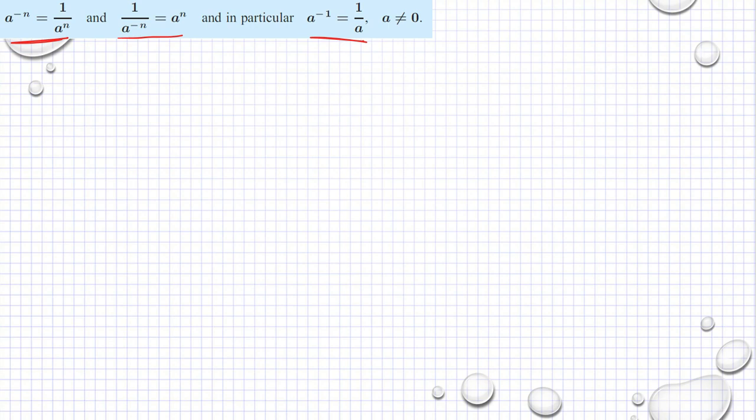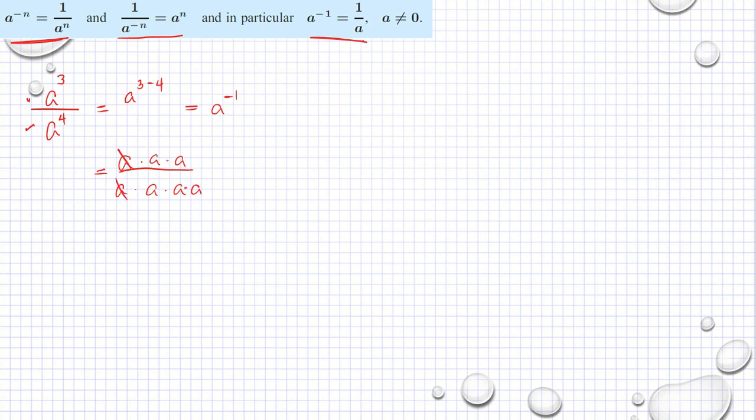So for example, we have a raised to 3 divided by a raised to 4. Then we have a raised to 3 minus 4 according to the second law. Then we have a raised to negative 1. But if we expand this, we have a times a times a over a times a times a times a.